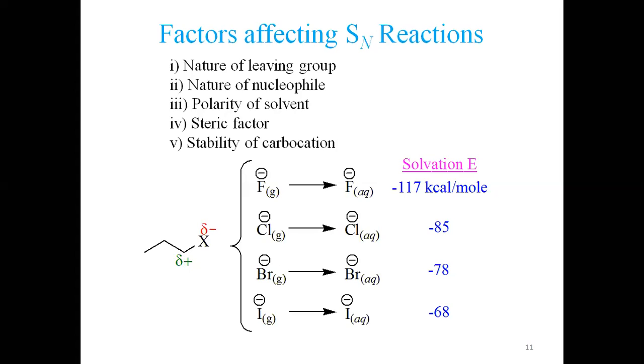This is the trend that we set. Oxygen, OH leaving, is very poor. We shall not see OH leave in alcohols. But if it is sulfur with some electron deficient oxygen, it can easily leave. So this is one of the factors: moving down the group, the leaving ability increases.